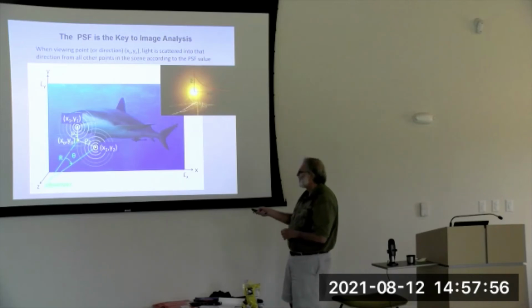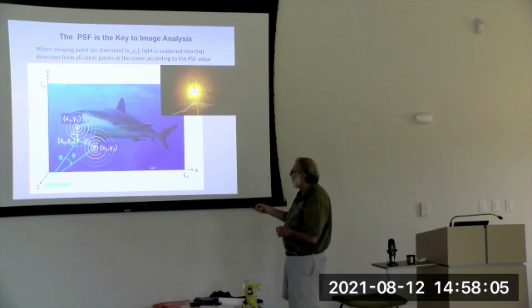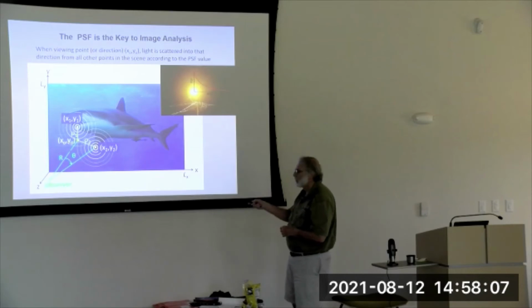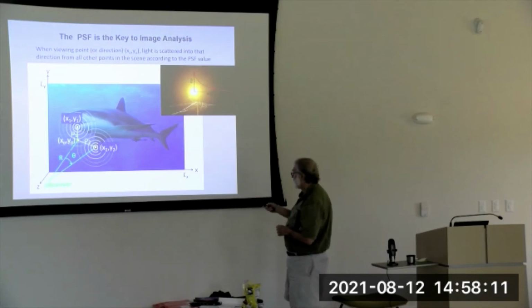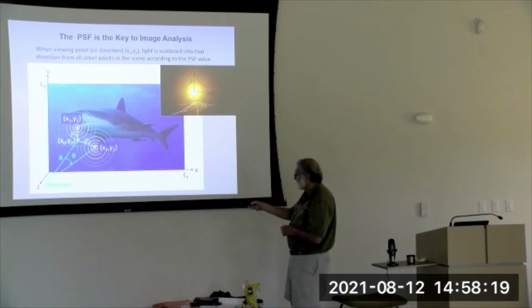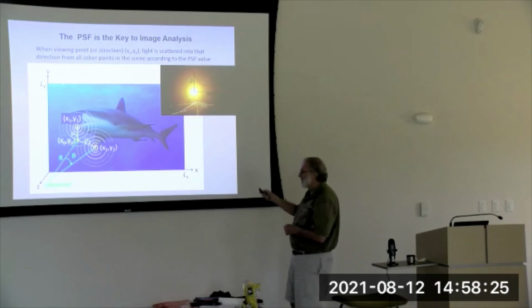So if I want to compute what I am going to see when I look at this point right here, I have to integrate all the other points here weighted by the point spread function. Just think of this little circle as contours around here. So I'm looking here, it's like I'm looking at this point right here, but I'm getting some of the light from this point over here.